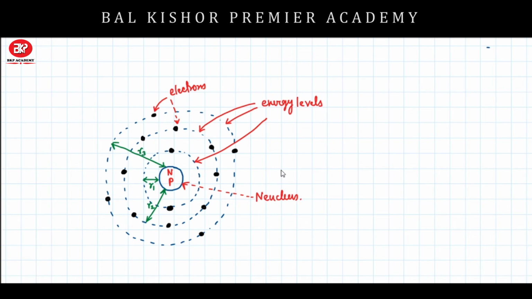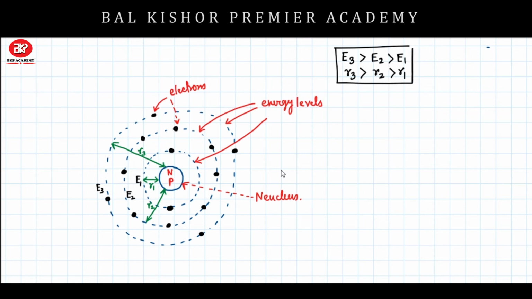If we denote the first energy level as E1, the second one as E2, the third one as E3, then we can say that E3 is greater than E2 and E2 is greater than E1, and also the distance R3 is greater than R2, which is greater than R1.